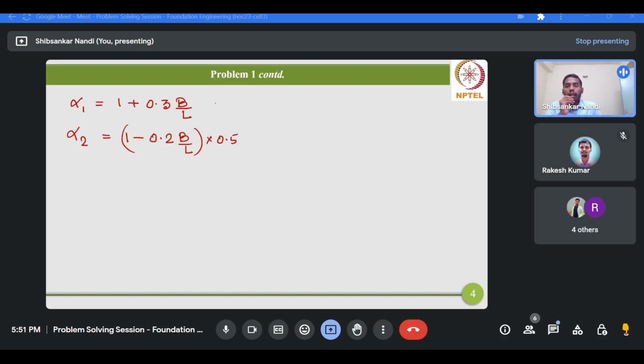Now since we are dealing with a square footing, square in the sense B and L are equal. So this alpha 1 value would be 1.3 and alpha 2 would be 0.4. This is for a square footing.